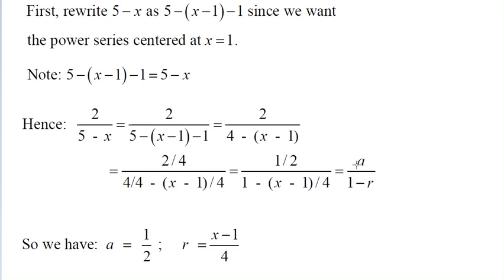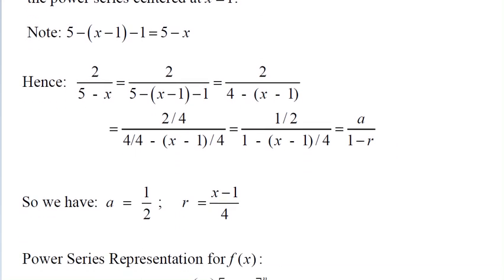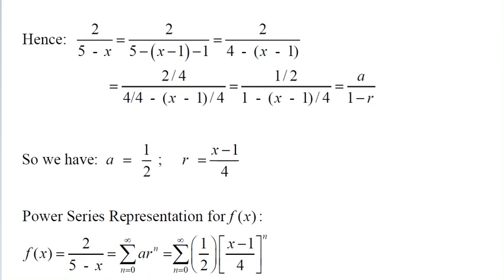So now that we have a and r, we can write the power series representation for f of x. So f of x equal to 2 divided by y minus x will have the power series representation.